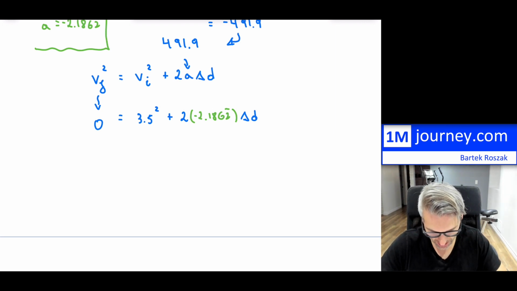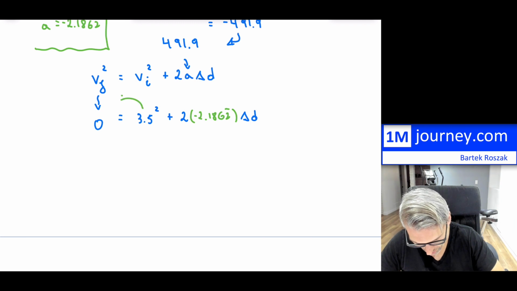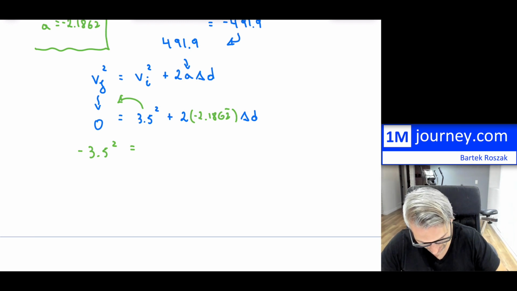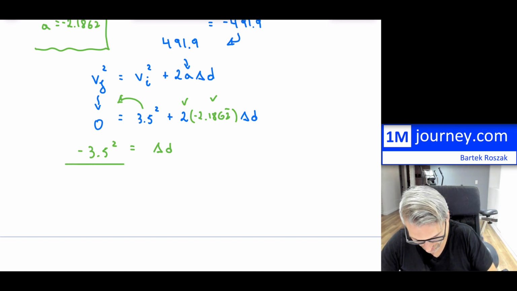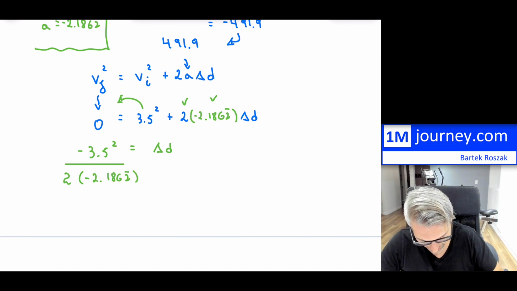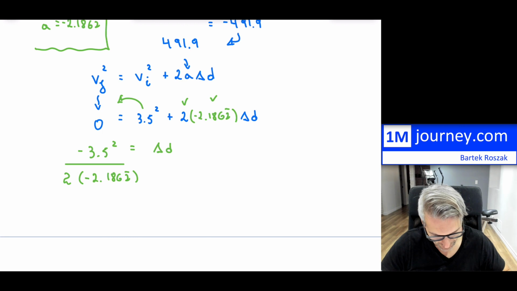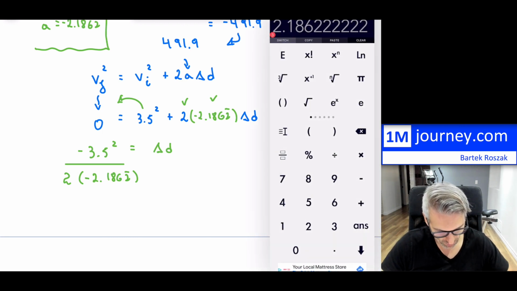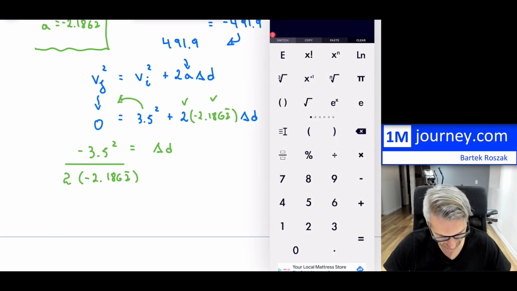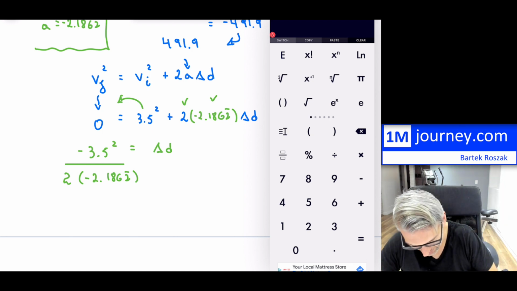So what is this equal to? Well, we can bring this over to the other side. So that's going to be negative 3.5 squared equals, and then my delta D, so then dividing by this, it's going to be divided by 2, and then divided by negative 2.186 and so on. So I can now figure out what that displacement was. Let me clean all of this up.